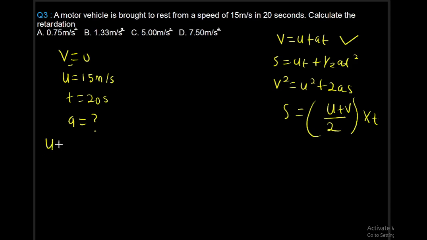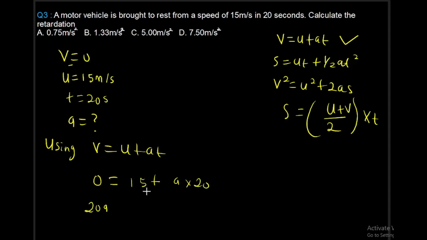So using v equals u plus at, we are looking for a. We have v to be 0, equals u, which is 15, plus a, which is unknown, times t, which is 20. So we have a times 20, that will give us 20a, plus 15 equals 0. We are looking for a.